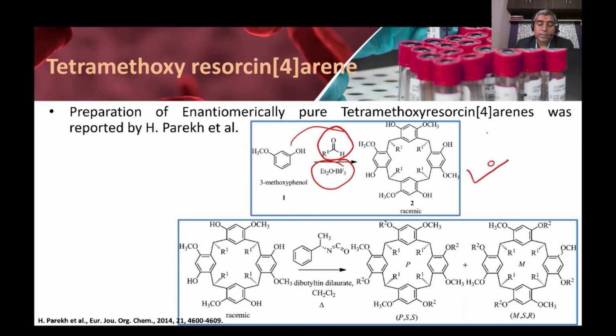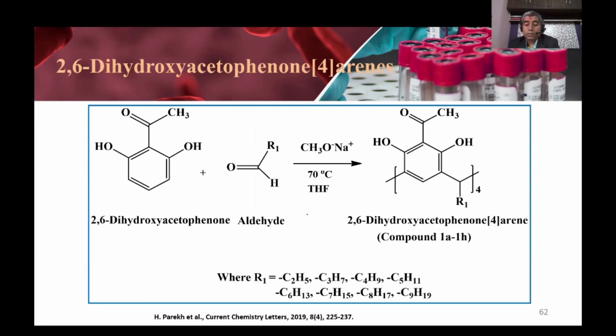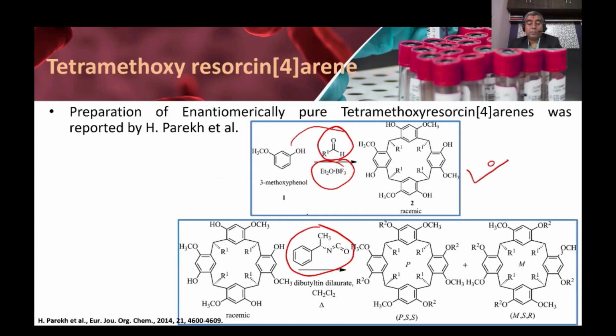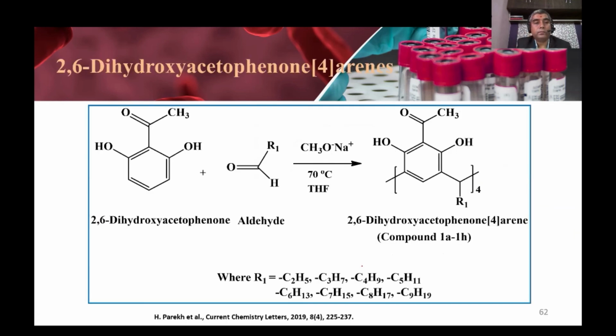This racemic mixture is separated by using (S)-1-phenylethyl isocyanate and dibutyltin dilaurate as catalyst, and we can get the two different isomers of this tetramethoxyresorcin[4]arene.